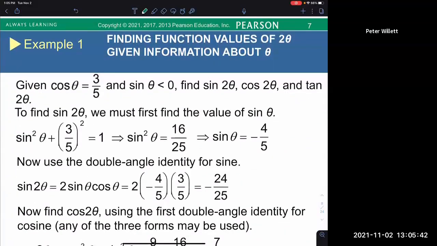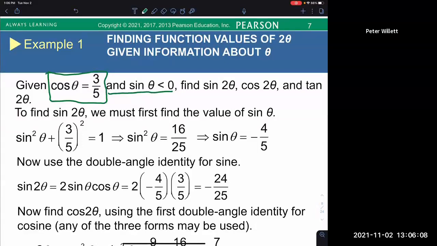So in this case, they're saying, given cosine of theta is 3/5, and sine of theta is less than 0. So sine of theta is less than 0 is telling us that the y value of the point is negative, because remember, sine of theta is the y value of the point.